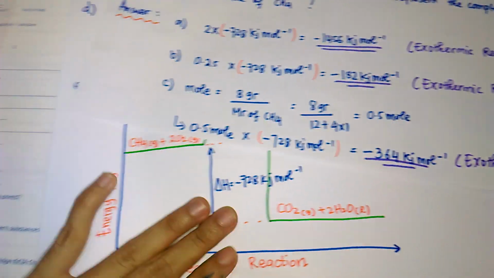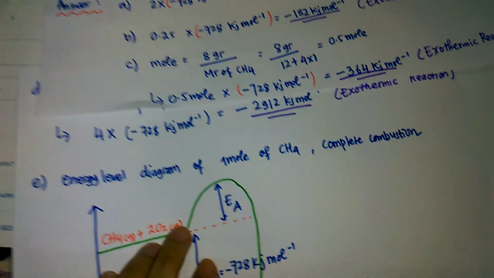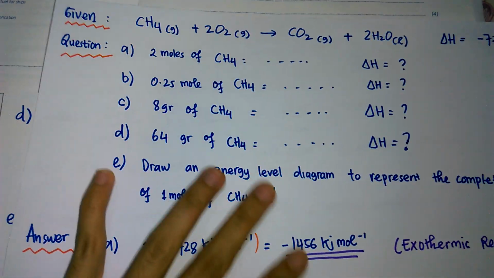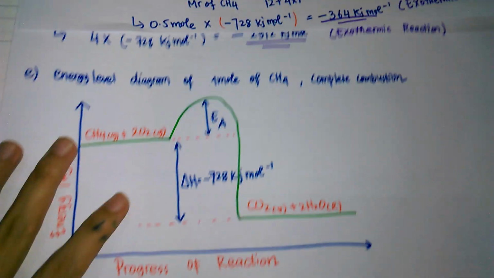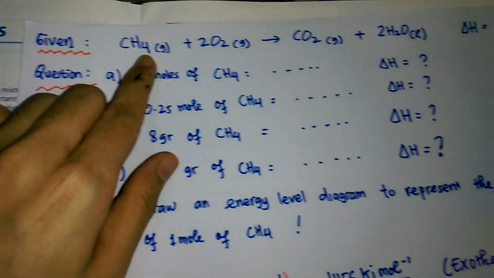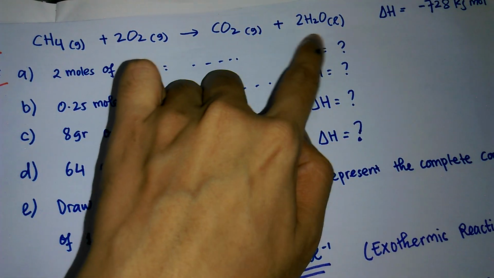Now we need to draw the energy level diagram for 1 mole of CH4 complete combustion. Okay, because this is exothermic, the position of the reactant, this is the reactant guys, and this is the product, and this is the enthalpy change.